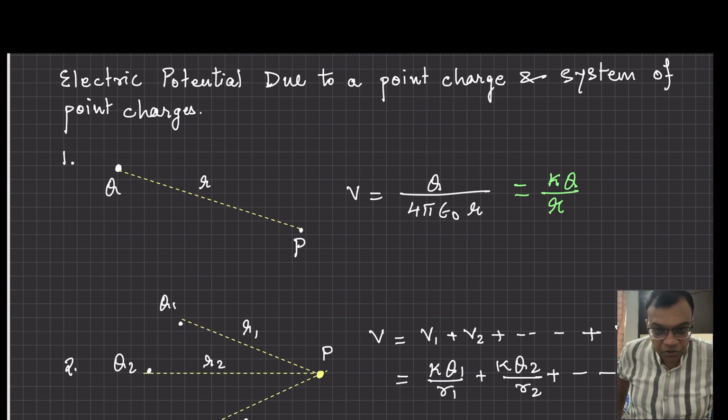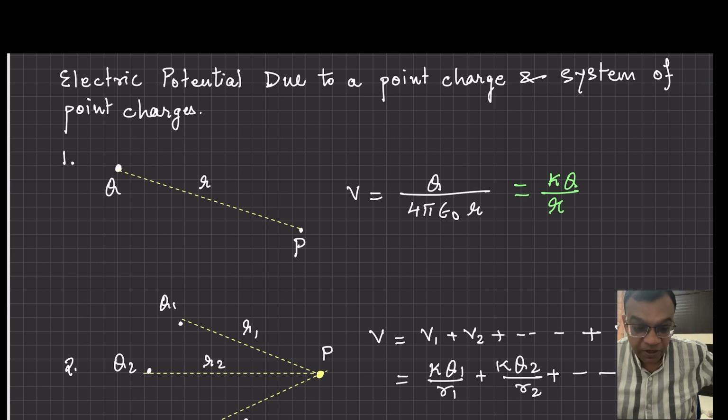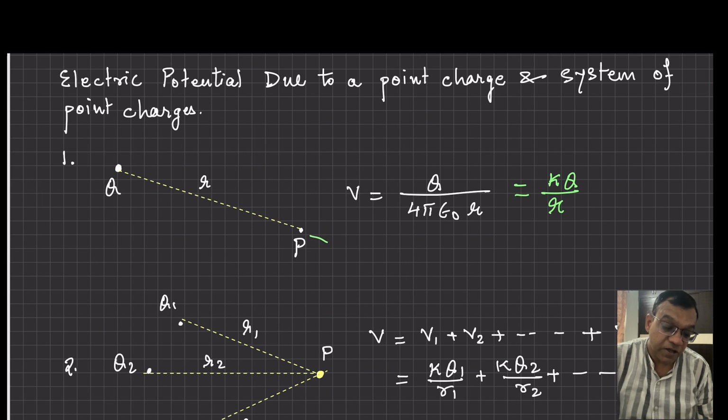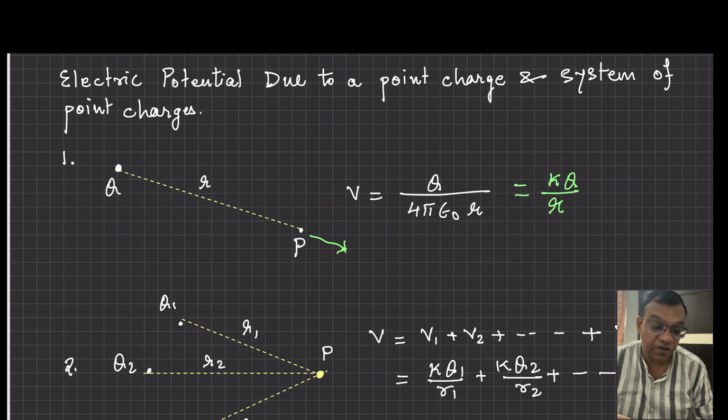Right? There is no direction associated. Now, if electric field we have to find, electric field will be in this direction if positive, in this direction if negative.